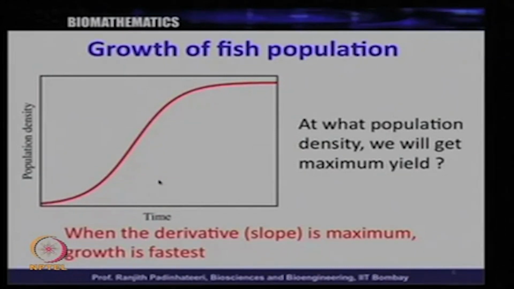So, by calculating the derivative of the curve at various times and looking at where the derivative is maximum, where the slope is maximum, you will get some idea about where the growth is maximum.